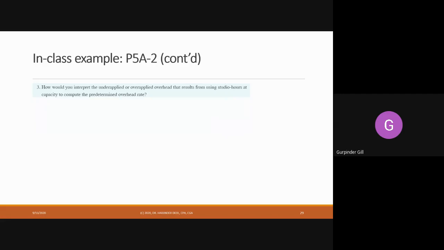So how would you interpret the underapplied and overapplied that result from using studio hours at capacity to compute the predetermined overhead rate? So when the predetermined overhead rate is based on capacity, the underapplied overhead is interpreted as cost of idle capacity.